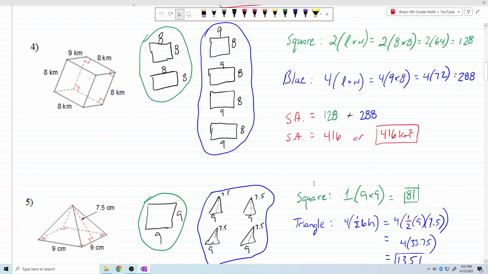Number 4. This one, it's not quite a cube. It looks like it though. You have to, again, pay attention to the diagram because at a quick glance, oh yeah, they're all 8s. Nope, it's a 9 right here. It means it has significance, right? Anyways, break them all down.